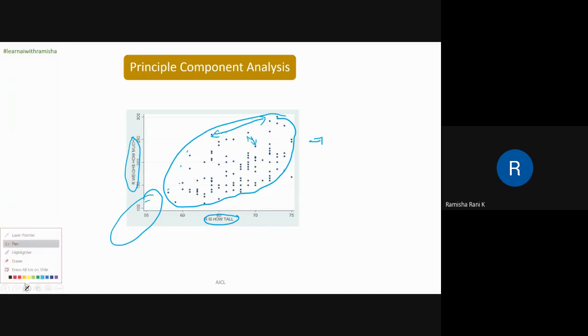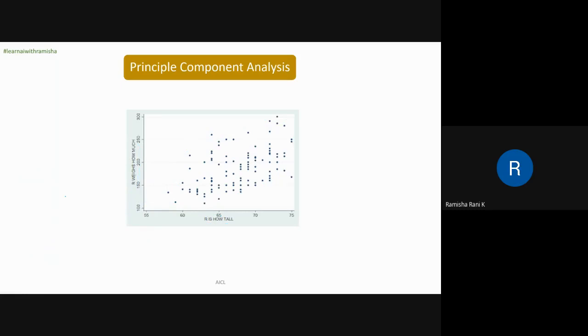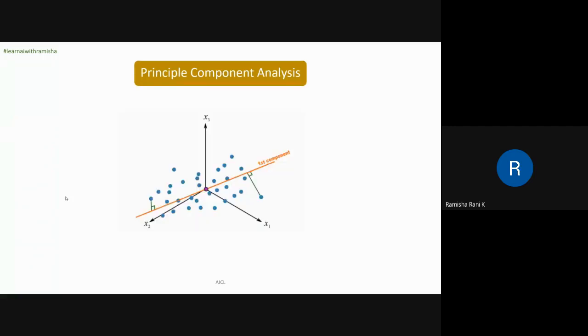So which mathematical formula will help you to get such a drag? Any idea? How are we going to drag this whole data set towards the origin? Here you can see we have dragged the whole data set towards the origin.